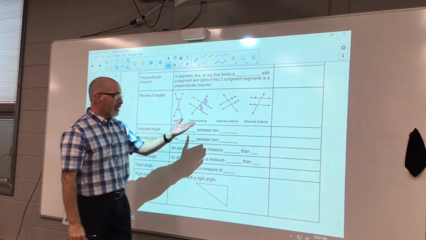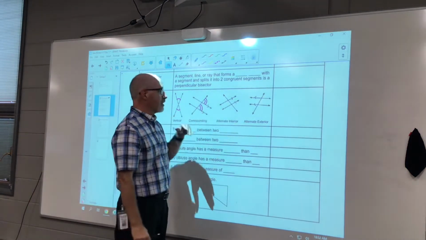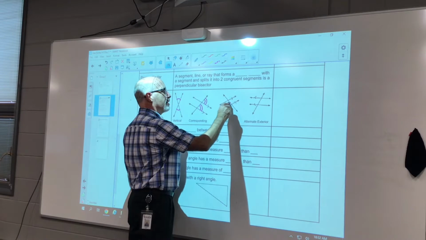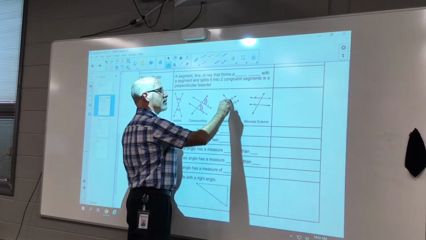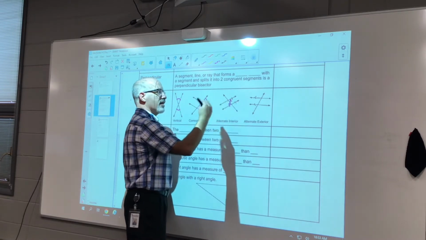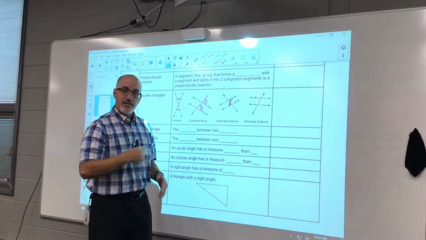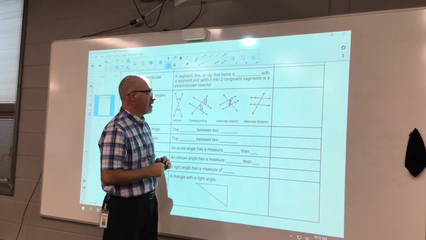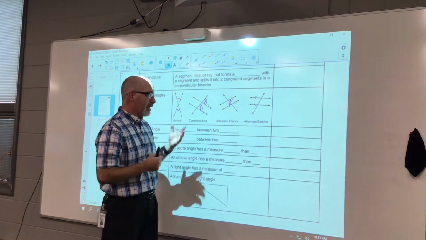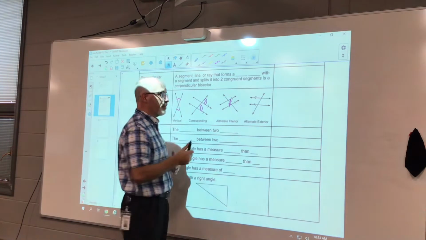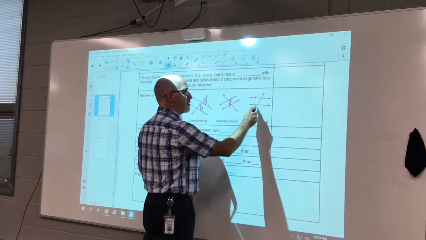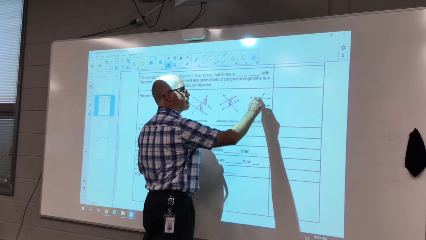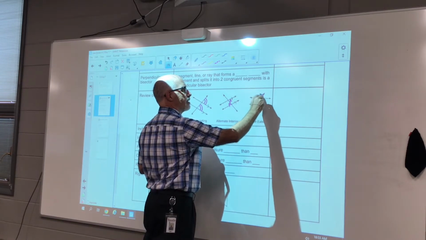If you've got parallel lines, so you look at this one, alternate interior angles are where you look at an angle like here, and it's congruent to this one here because it's on the other side of the transversal, and it forms a Z if you look, in this case a backward Z, but a Z. And then alternate exterior, again you follow up the transversal, jump over to the other side, and so if you go with this one here, this one's congruent to this one here.